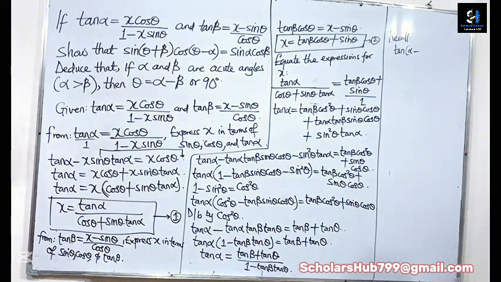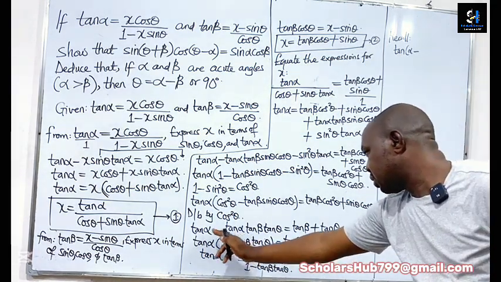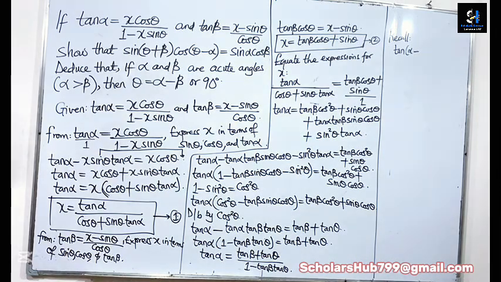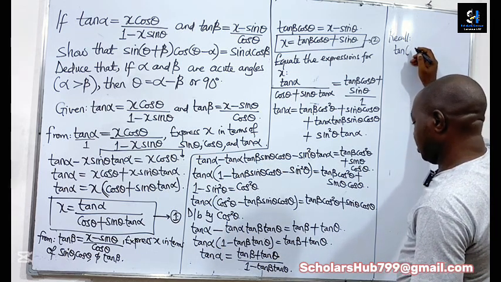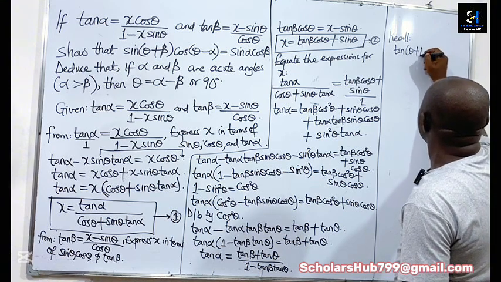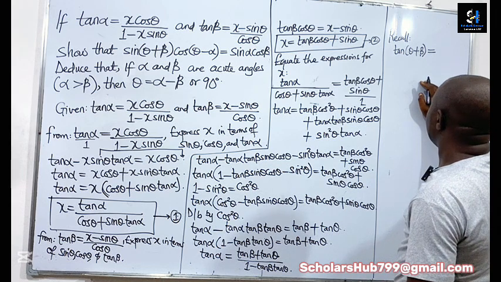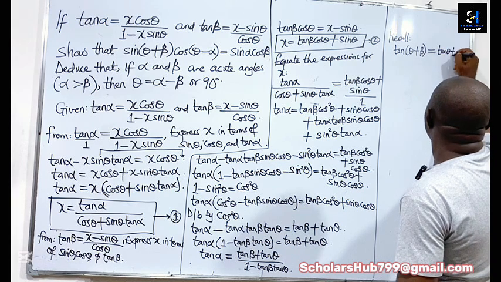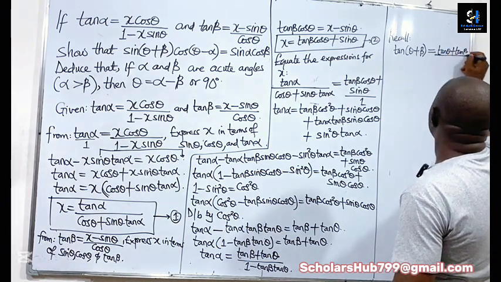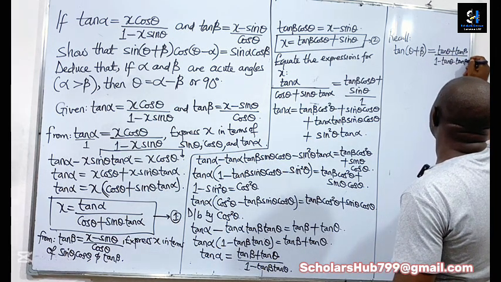From here we have tan beta plus tan theta over 1 minus tan beta tan theta, which means that tan of theta plus beta will be equals to tan theta plus tan beta divided by 1 minus tan theta multiplied by tan beta.